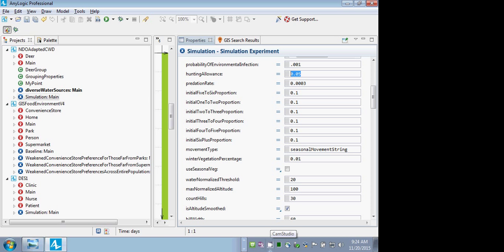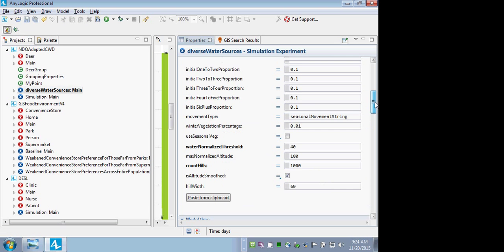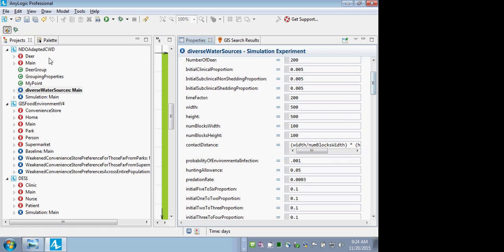Okay, so if we went and looked at that experiment, diverse water sources, there's a use here with these sliders. If I looked at this slider here, you can see that it's basically displaying the value of this number of deer.